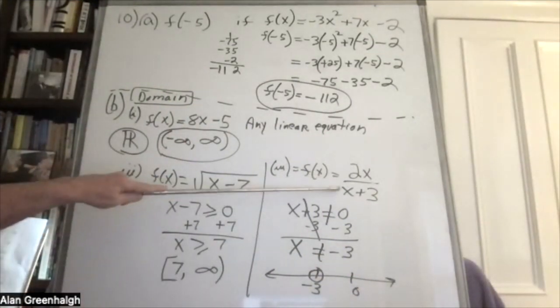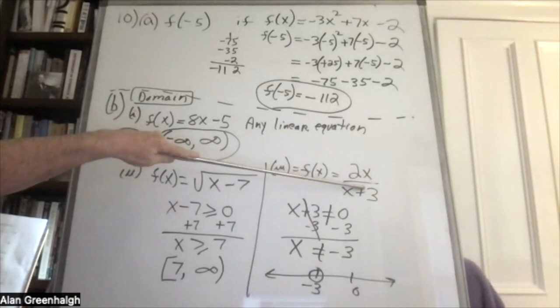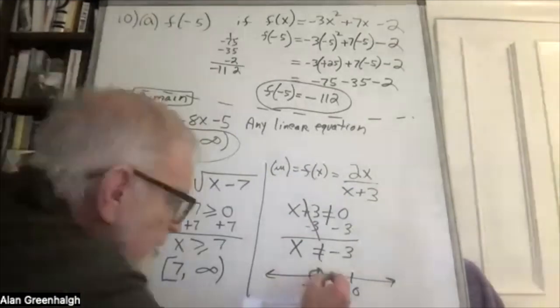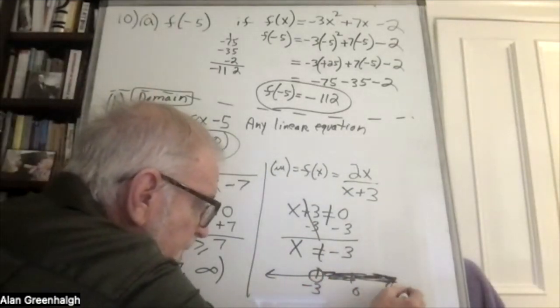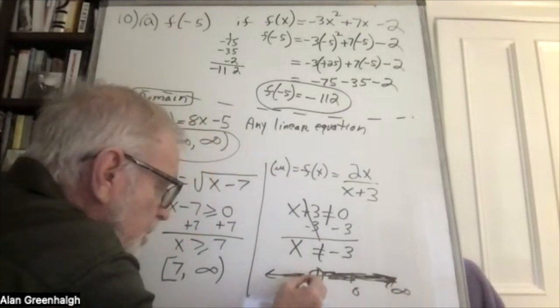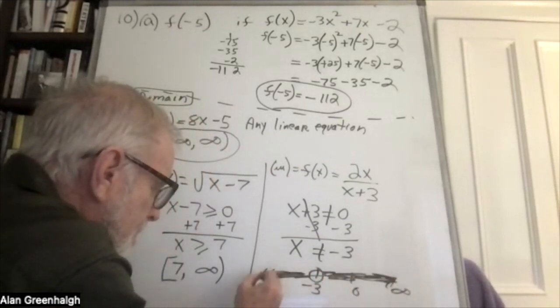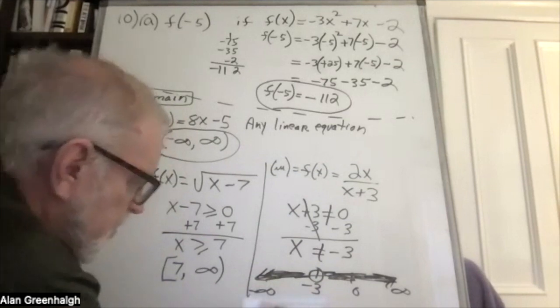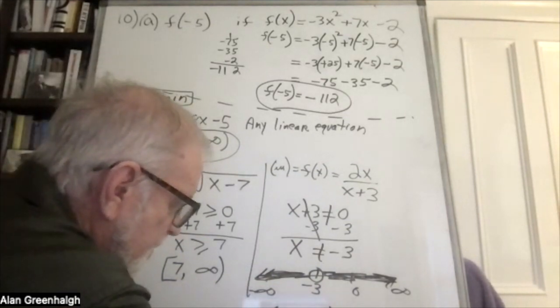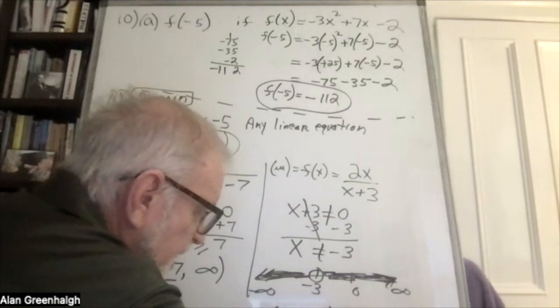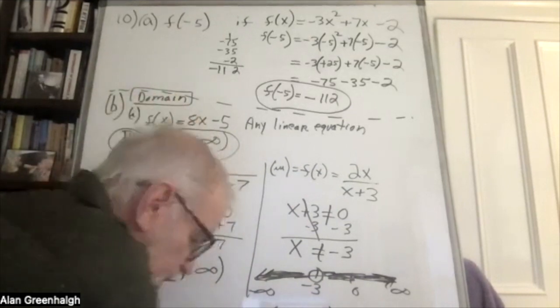So it's going to be everything except that, going in both directions. It's going to be -infinity to -3 and -3 to infinity.